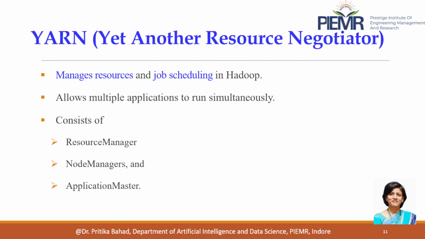Yet Another Resource Negotiator is YARN, which manages resources and job scheduling in Hadoop. It allows multiple applications to run simultaneously. YARN consists of three core components: resource manager, node manager, and application master.